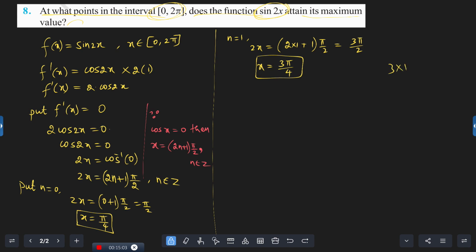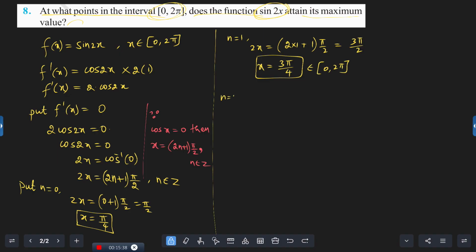Pi is 180, divided by 4 is 45. 3 into 45 is 135, which is less than 2 pi, that is 360. So this also belongs to 0 to 2 pi. Then this is also our answer.